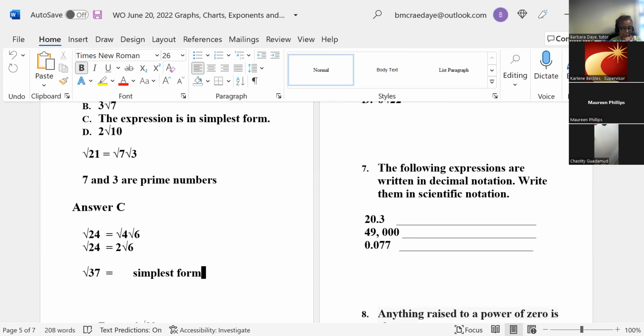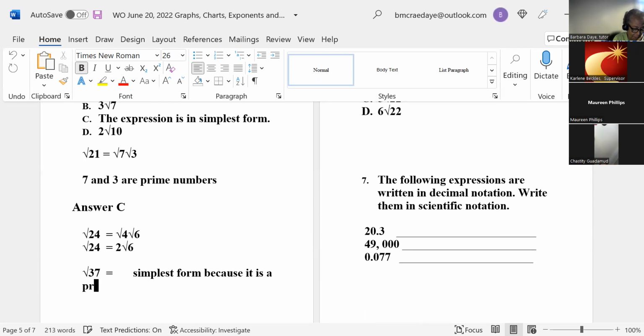So it can't factor into anything else other than 37 and 1, right? And since it's a prime number, just like with the 6, where we got a 2 and a 3, those are prime numbers. So 37 is in simplest form because it is a prime number.